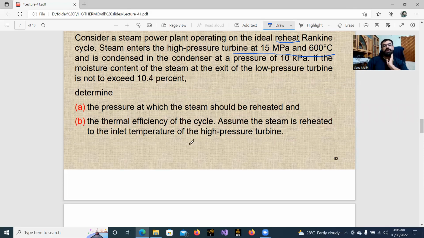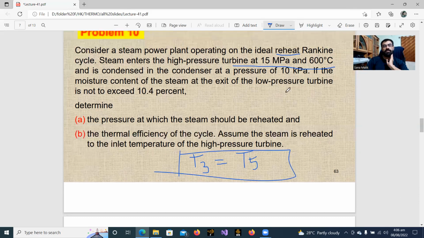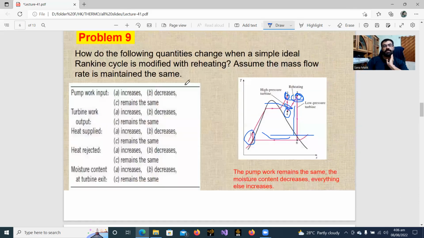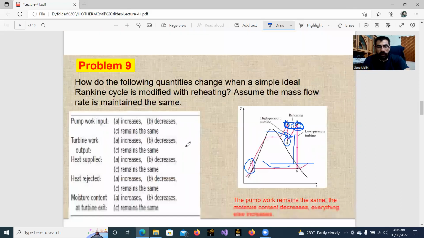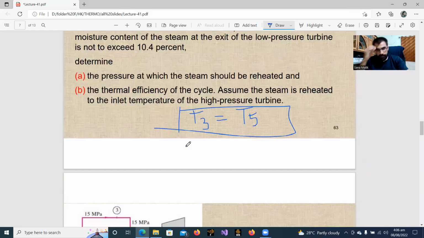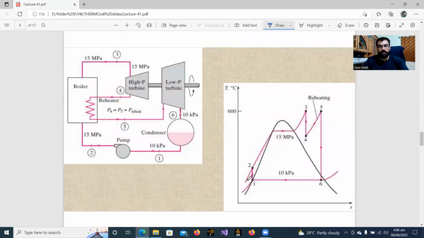High pressure turbine inlet was T3. Steam reheated is T5. So he is saying T3 and T5 are equal, which was our assumption in the earlier topic. This is basically a reheat cycle.